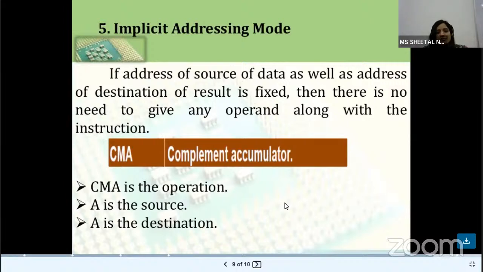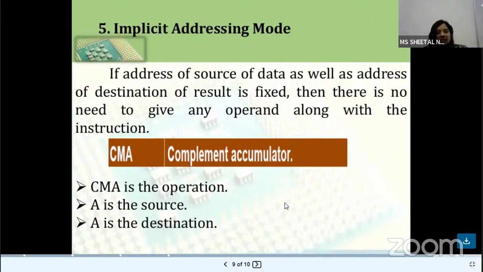We have various types of instructions in the 8085 microprocessor instruction set that don't have any register or 8-bit data in front of them. Here we have taken the example of the CMA instruction.